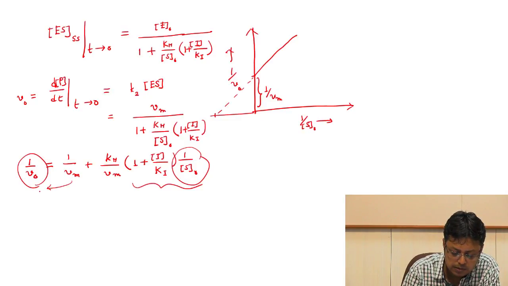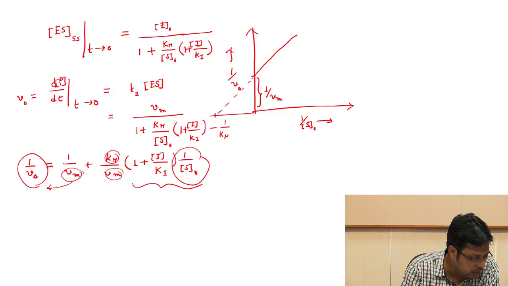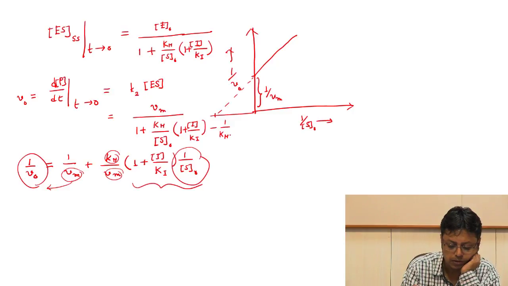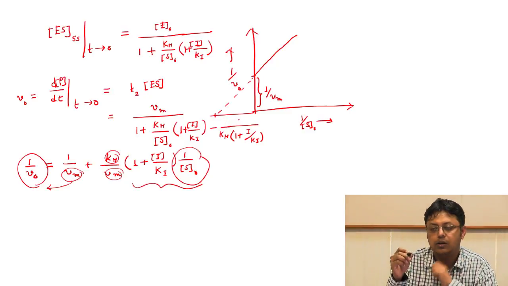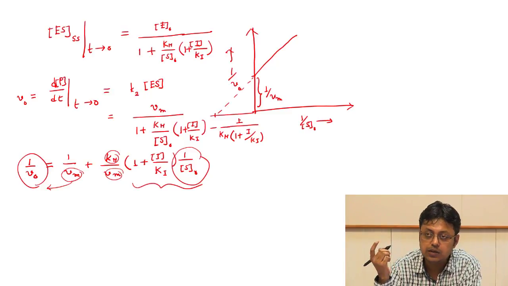So that Vm and this Vm cancel, and Km will be brought down, so it will be minus 1 over Km into the other factor, 1 plus I divided by Ki. So it's not just 1 over Km as in enzyme kinetics without any inhibition.